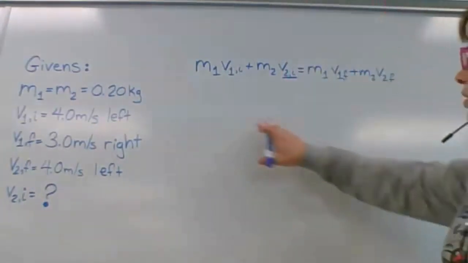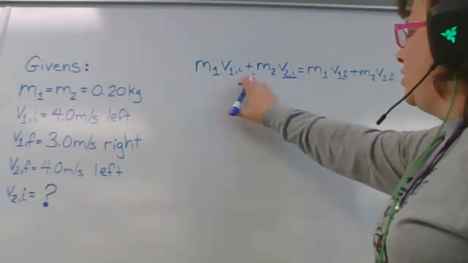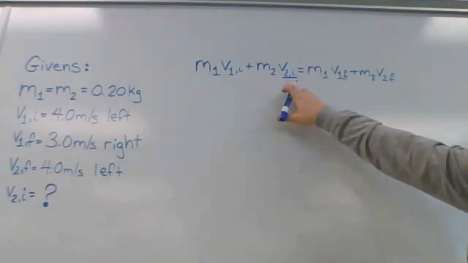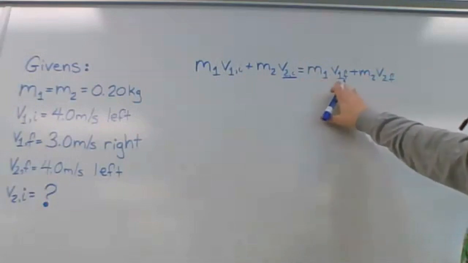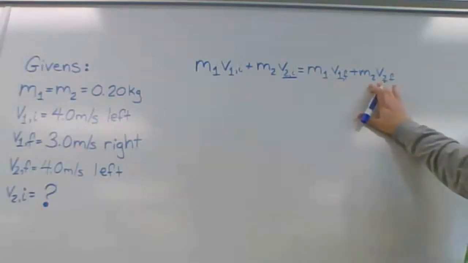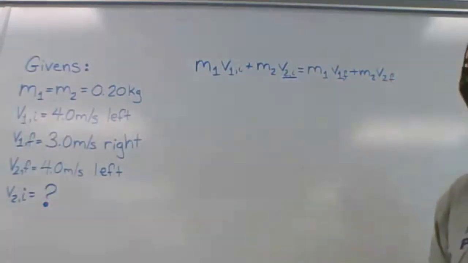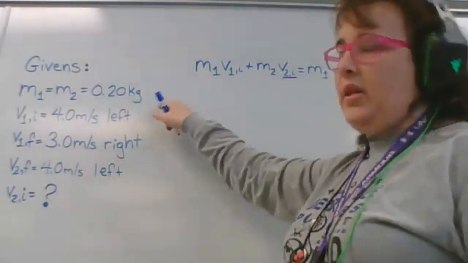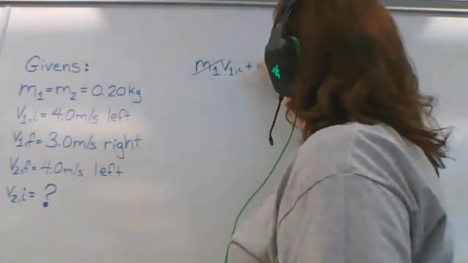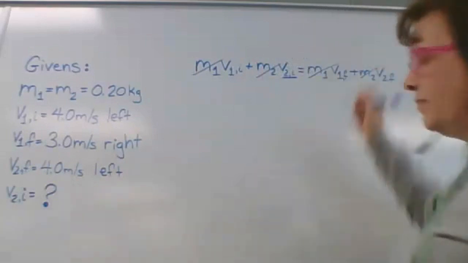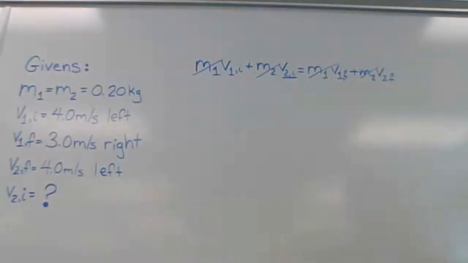We're going to start with this equation: M1 V1 initial plus M2 V2 initial is equal to M1 V1 final plus M2 V2 final. Since the masses are all the same, we don't need to worry about them because they cancel out.